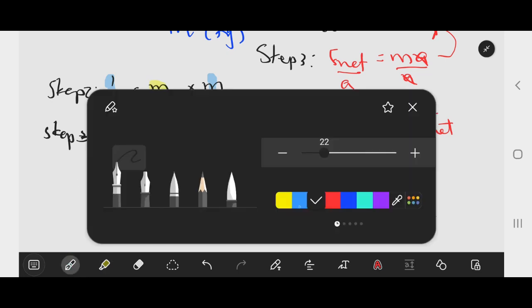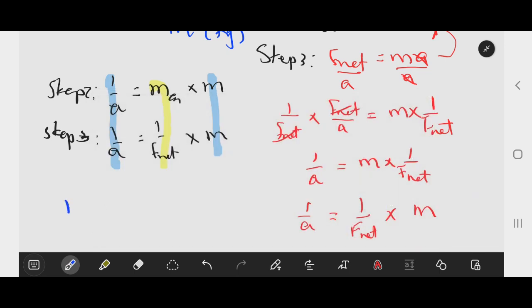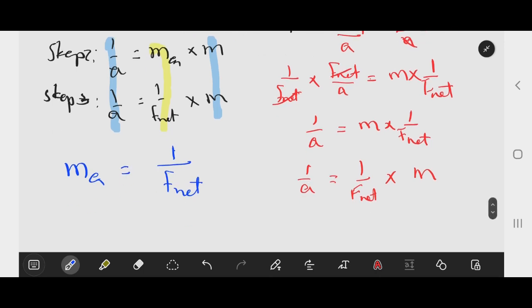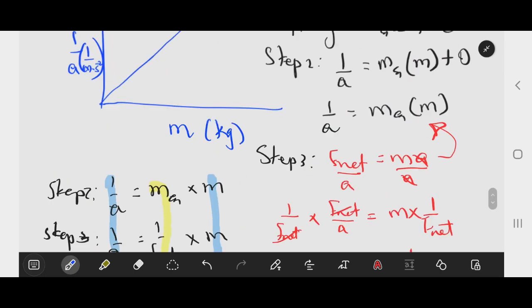So now we know that the gradient of the graph is the inverse of the net force. If we want to calculate the net force applied in this experiment, we have to calculate the gradient first by choosing 2 points on the graph, and then we substitute our gradient there and solve for F net.